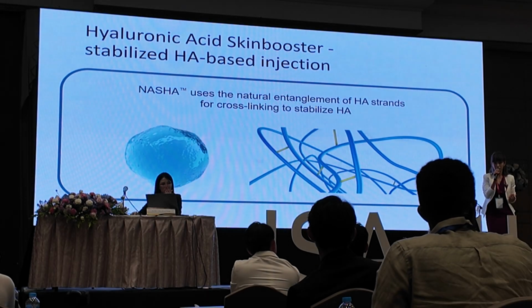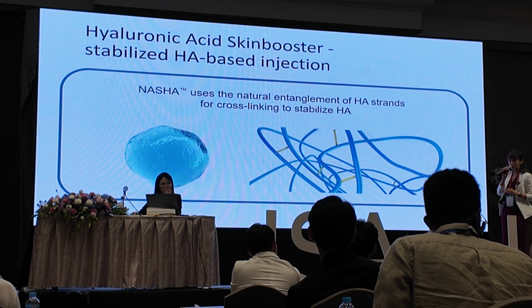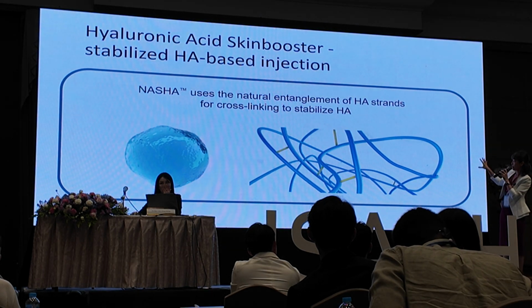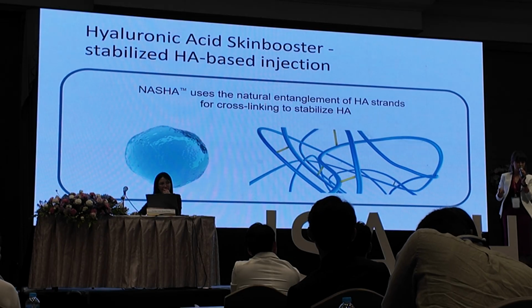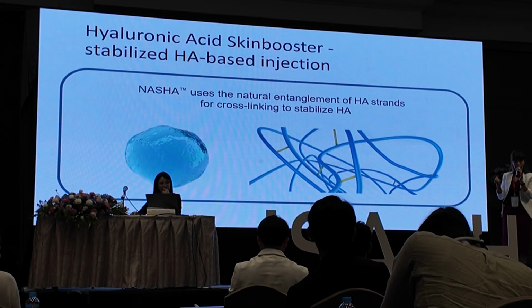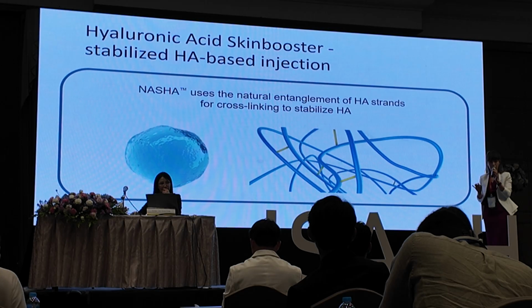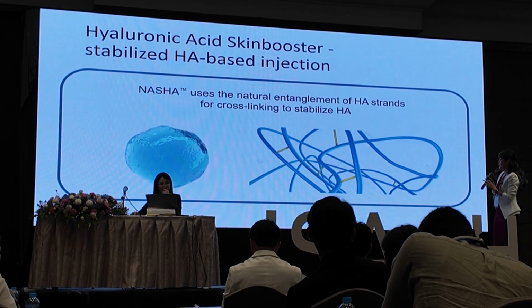It's a very traditional, very established technology, non-animal stabilized hyaluronic acid. What is the specialty about it? It has natural entanglement within the cross-linking HA, which means that the synthetic cross-linking is about 1% or less, which is much less than other brands or other series of HA.